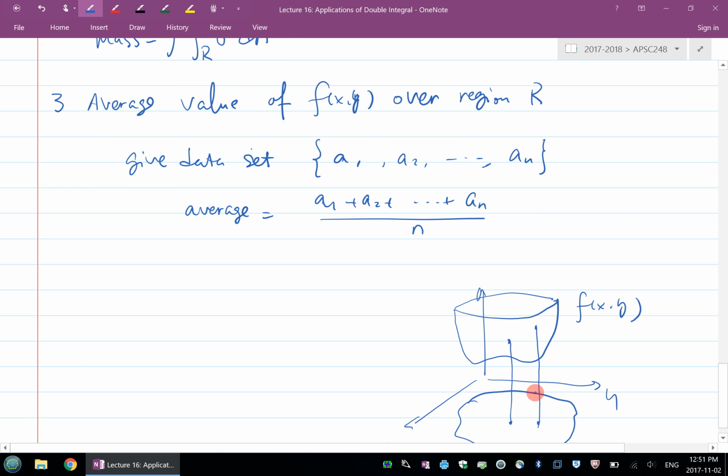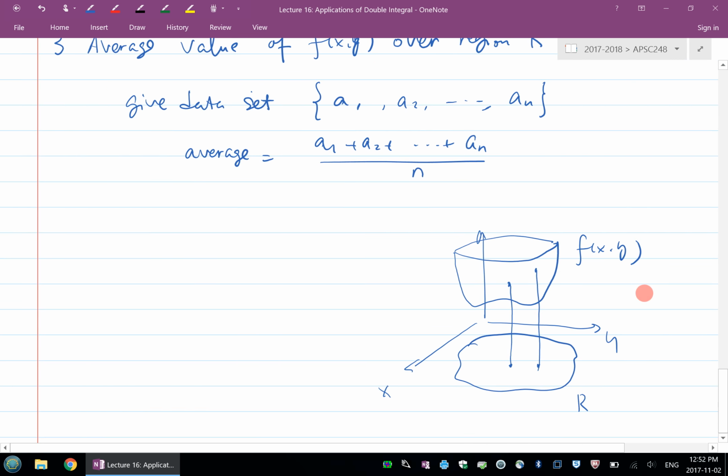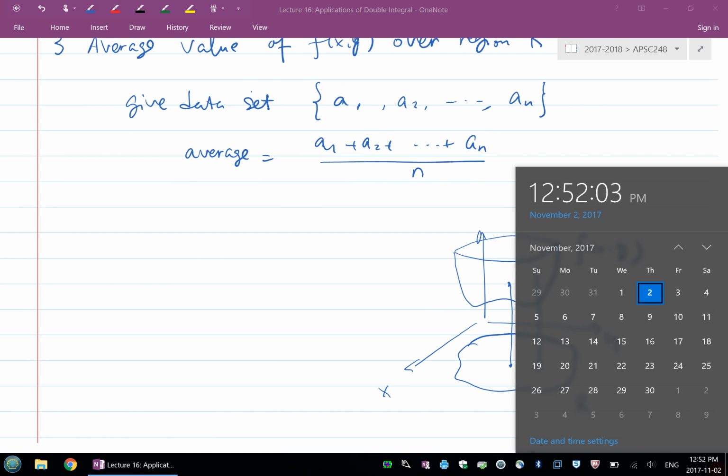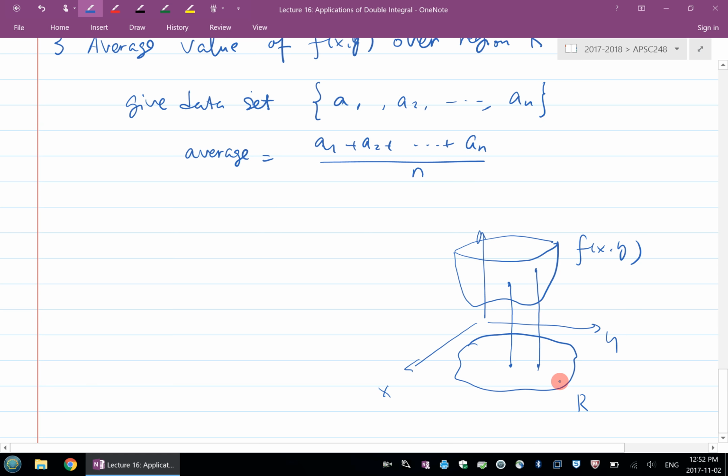But the way I just said it, it's impossible, isn't it? How many points are inside the region? You have an infinite number of points inside the region R, and then you have to take an infinite number of heights, add the infinite number of them, and divide by this infinite number. That's not like this finite set here.